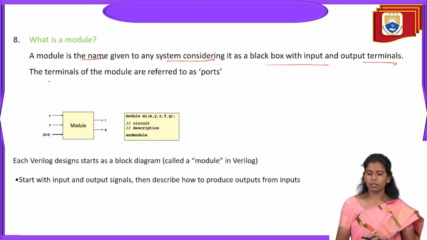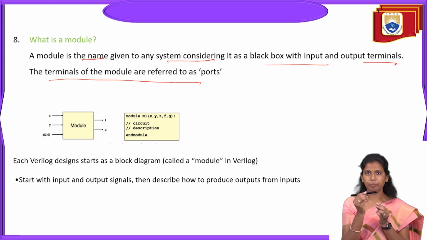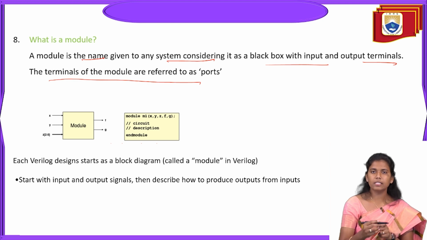For example, this is my product, and now I'm going to describe this product. So what can I say? I can take this name as a module. For this module, some inputs I have to give and I will be getting some outputs, right? So the module is nothing but a name given to the system, considering it as a black box with inputs and output terminals.